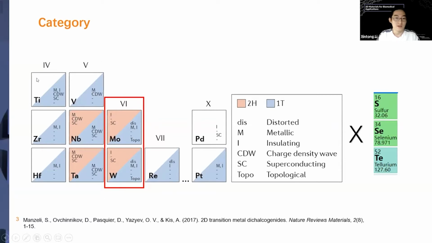And among all these choices of transition metal, the group 6 transition metal TMD is of particular interest, and is most famous and mostly studied because, first of all, they are stable, and second of all, they have a tunable electronic and optical property that we will talk about later. And the group 6 material will be also the focus of this talk.